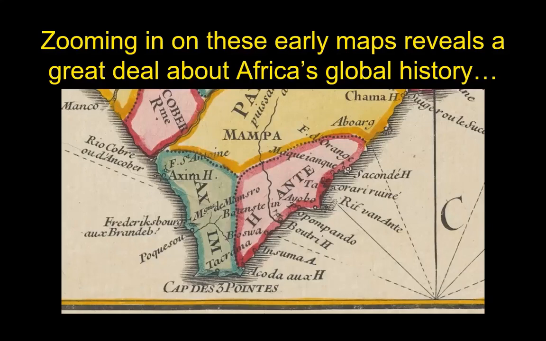Look, for example, at the Fredericksburg Castle, indicated here with a question mark, as in the French, au Brandenburg, where the Brandenburgs, the Brandenburg Empire, began to express its presence in West Africa.